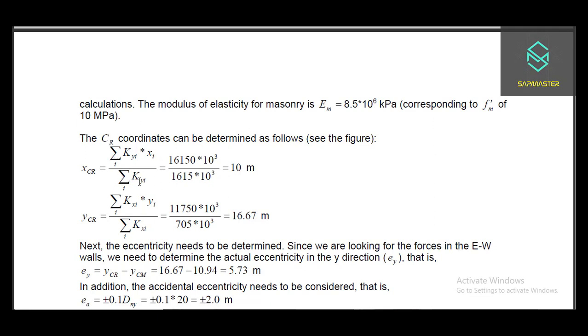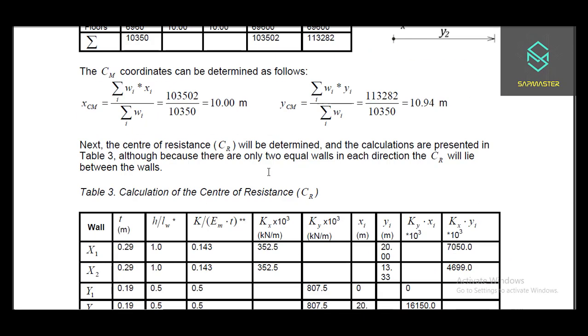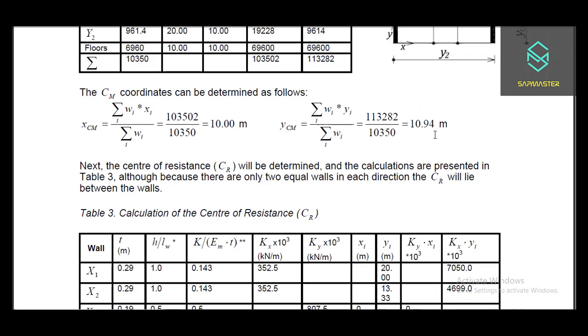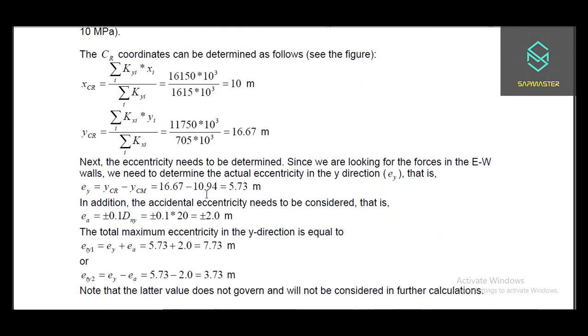So after calculating these amounts, everything will be found, and to find the eccentricity you only need to subtract these two. So this one and this one, right? YCM is this one and YCR is this one.